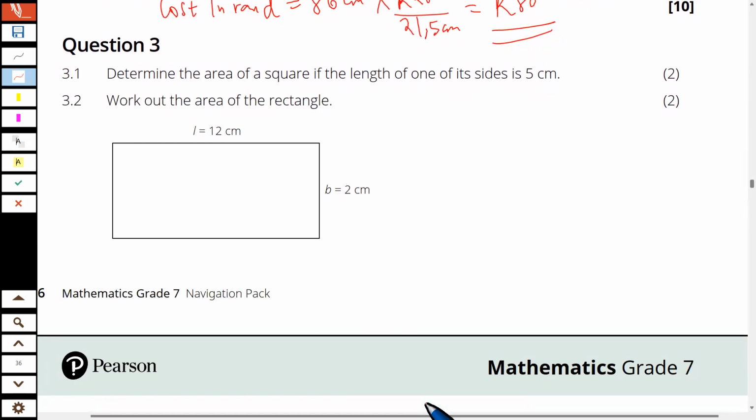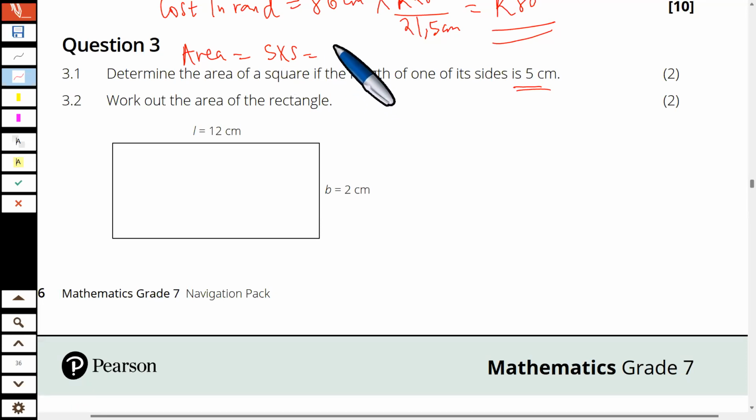Determine the area of a square if the length of one of its sides is 5 centimeters. Okay. So here the area of a square is always side times side, but the length of one of its sides is 5, right?